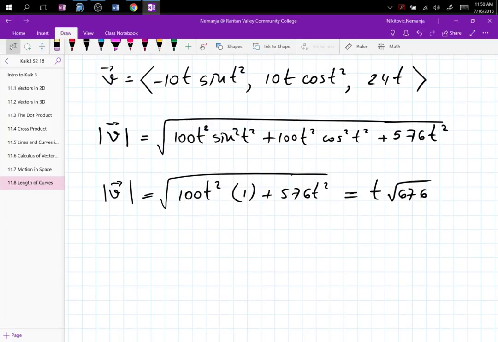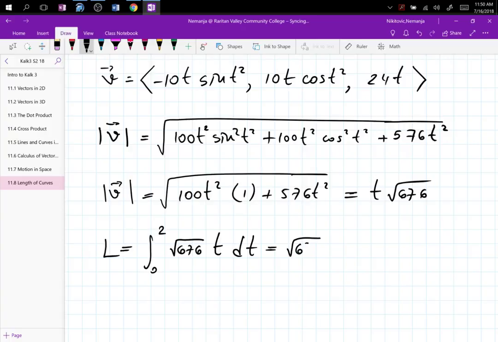So that's our v. Now our length of curve is the integral from 0 to 2 of square root of 676 times t dt. The square root of 676 goes outside. We have t squared over 2 from 0 to 2. And that's going to be 2 square root of 676.